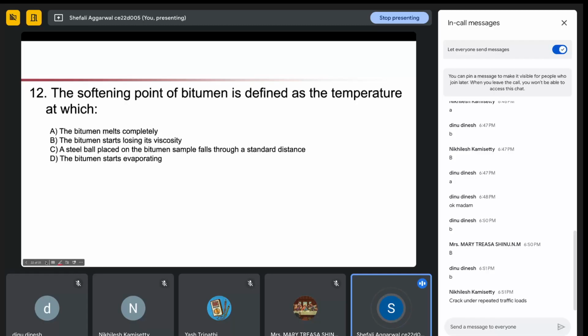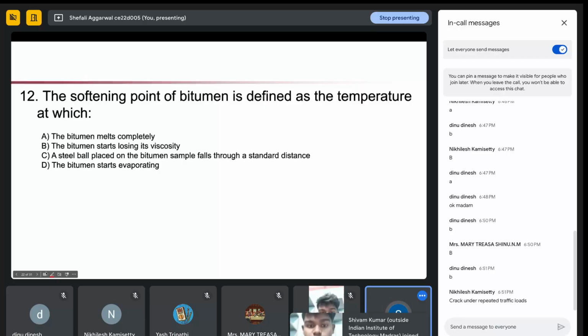Okay. So the next question is, the softening point of bitumen is defined as the temperature at which bitumen melts completely, it starts losing its viscosity, a steel ball placed on the bitumen sample falls through a standard distance, or the bitumen starts evaporating.